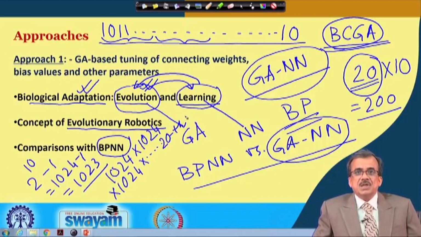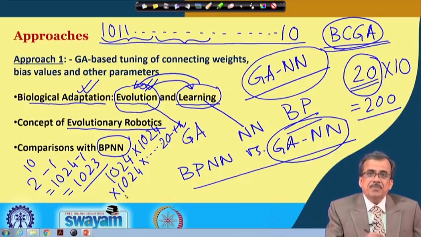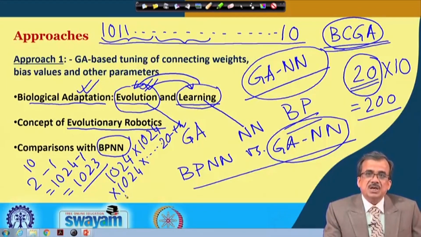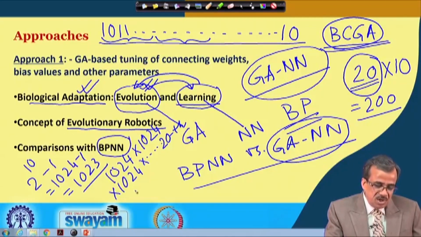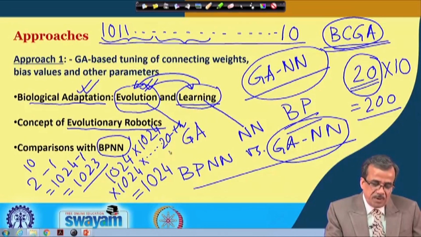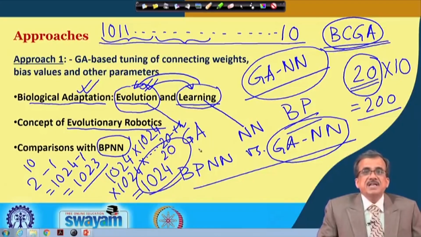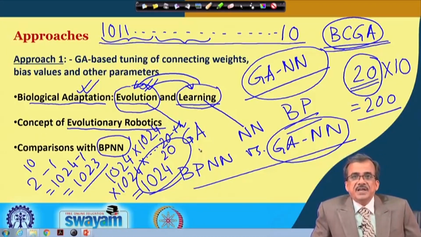Now, that means if I see the total number of combinations of the numerical values which have to be considered before the GA can decide the optimal solution, it is nothing but 1024 raised to the power 20. So, this is actually a high number.